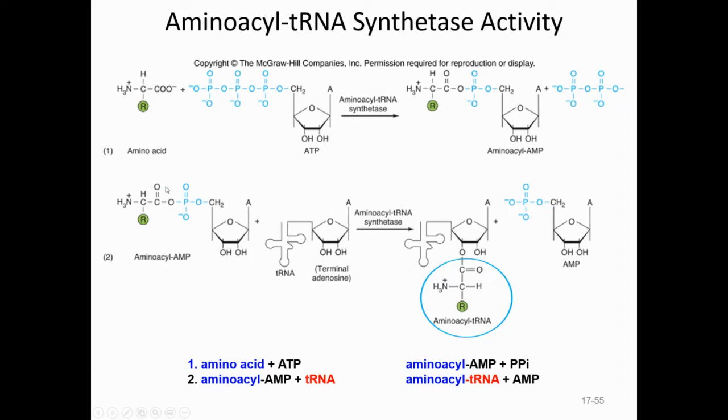We transfer this amino acid to either the 2' hydroxy group or the 3' hydroxy group, depending on the class of the amino acid. But in general, we just go to the 3' hydroxy group, in the presence of the aminoacyl tRNA synthetase. So we transfer from here to here, and now you have the aminoacyl tRNA, and release the AMP, so you can recycle the AMP.